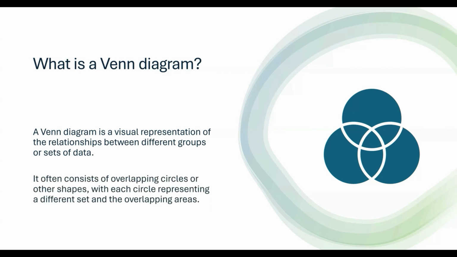It often consists of overlapping circles or other shapes, with each circle representing a different set and the overlapping area between the sets. Most of the time, people will draw circles, but if you want to draw a square or rectangle or whatever, it doesn't matter.